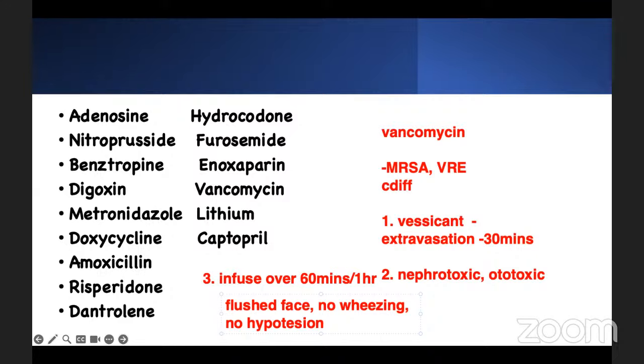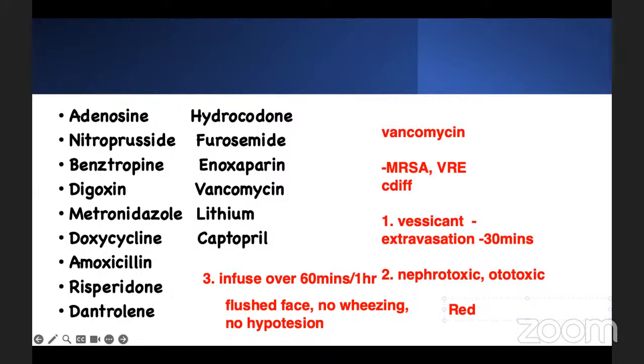I give you vancomycin faster than 60 minutes. That means I give it over 30 minutes. Your face is all going to get red. Your chest is red, but you have no wheezing, no hypotension. What is that? That's what the board will ask you. No wheezing, no hypotension, but you have flushing of the face because vancomycin is going too fast.